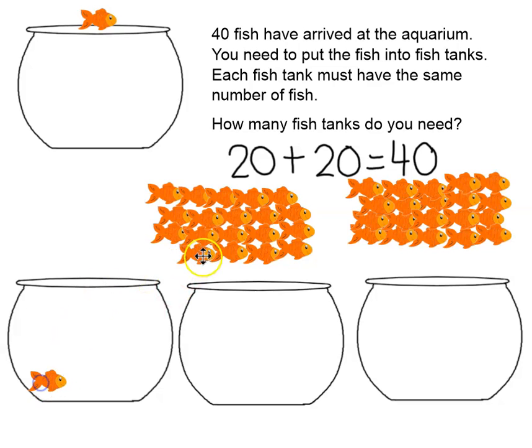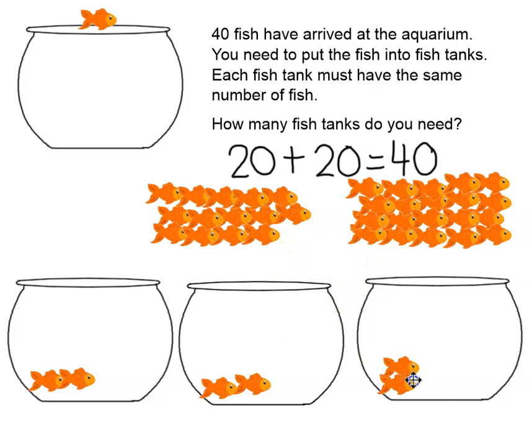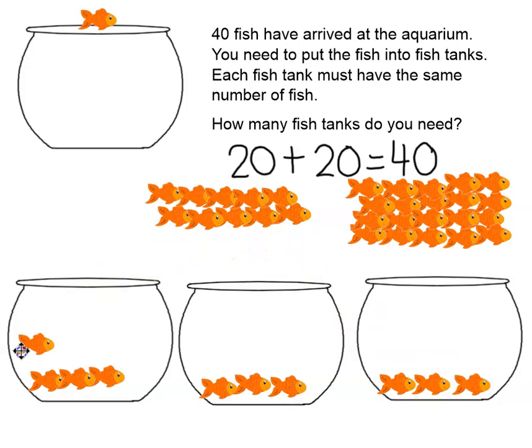Okay, so this tank gets 1 fish. Each of them get 1. Each tank gets 2 fish. Each tank gets 3 fish. Now, each tank gets 4 fish.